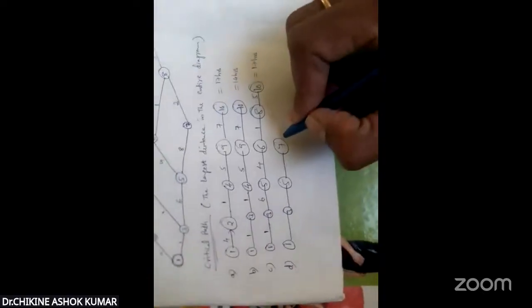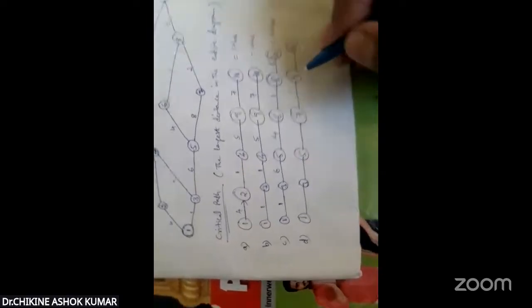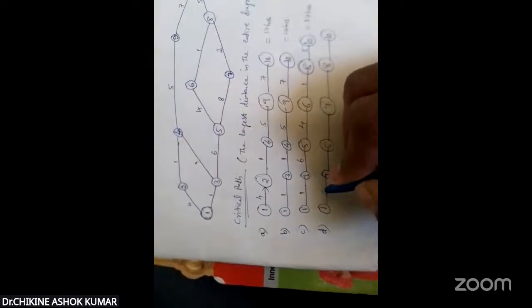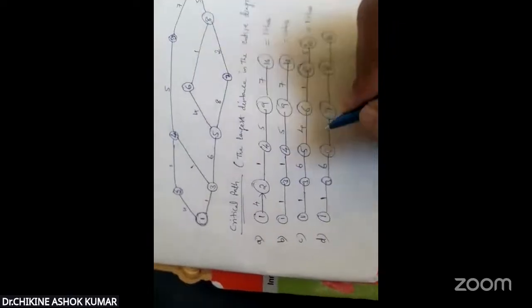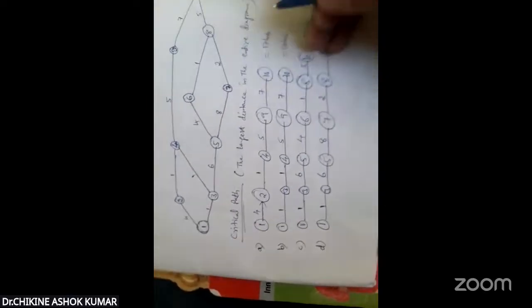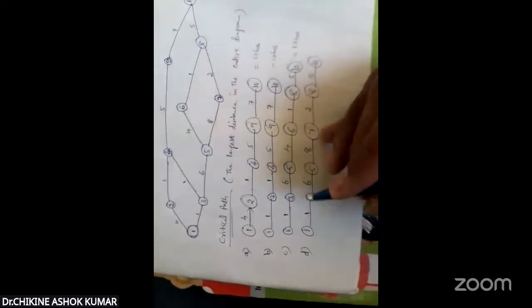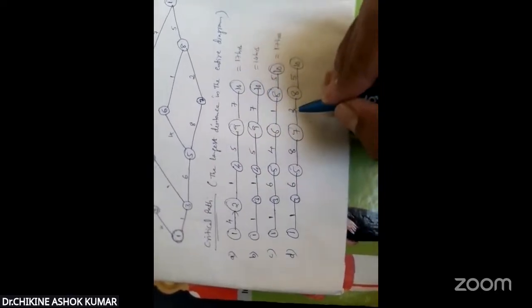What is the time duration? 1 to 3, it is 1. 3 to 5, 6. 5 to 7, 8. 7 to 8, 2. 8 to 10, 5. What is the total time duration? 1 plus 6, 7. 7 plus 8, 15. 15 plus 2, 17. 17 plus 5, 22 hours.